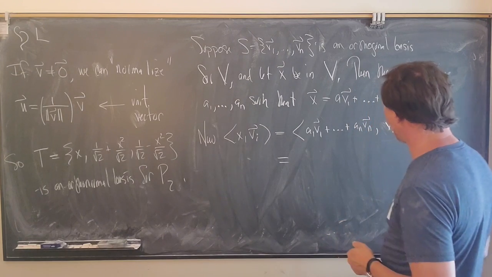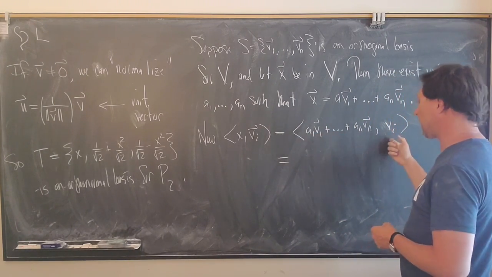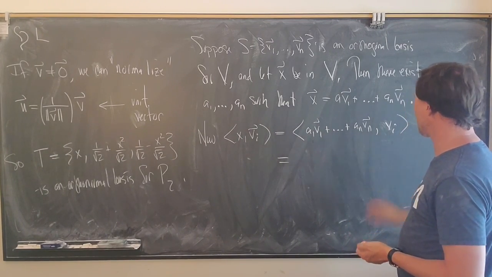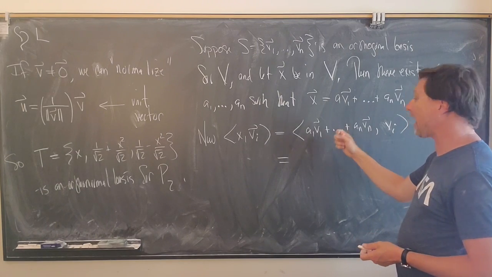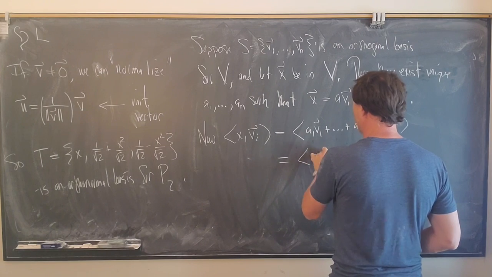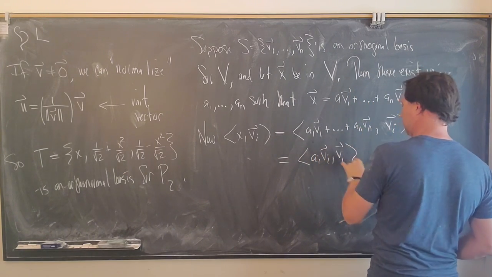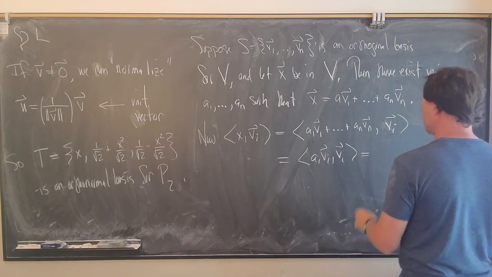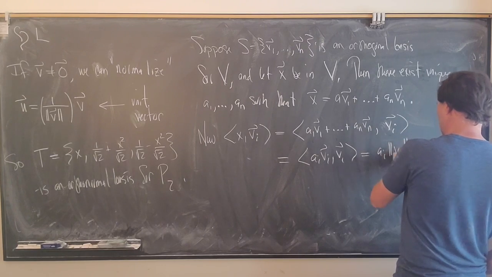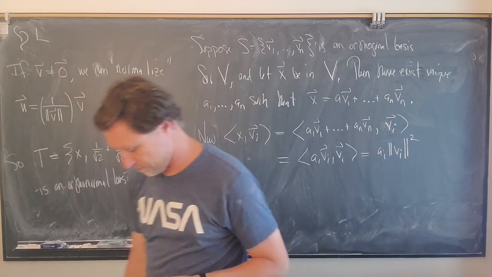What's going to happen when you take the inner product of a1 v1 with vi, you get 0. The only one that's going to give us a non-zero entry is when we have ai vi, so this will be the inner product of ai vi with vi. And so that's equal to ai times the norm squared of vi.